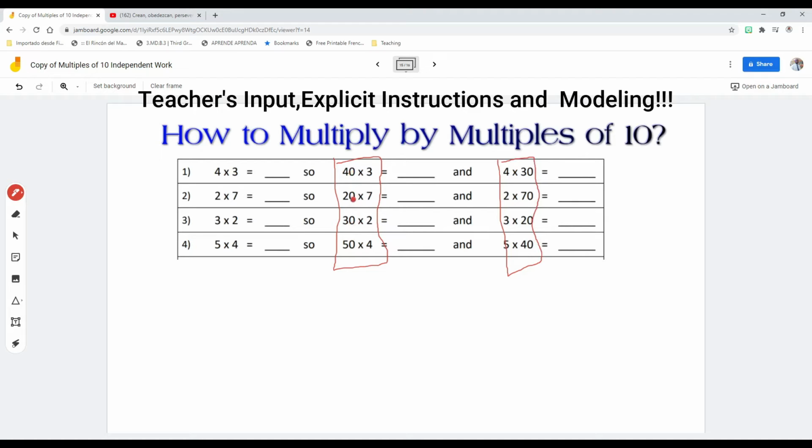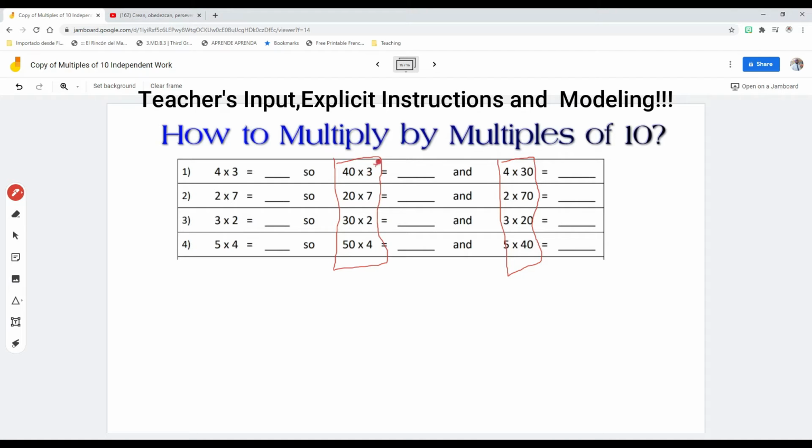You can see 40, 20, 30, 50 here as multiples of 10. And on this side, you can see that the 0 has been taken away, and the numbers that were one digit here have also become multiples of 10, because this number multiplied by 10 becomes a multiple of 10.